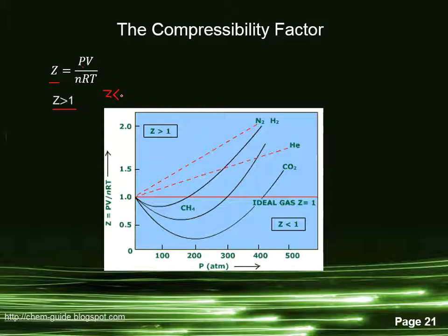As you can see in the graph, when Z is equal to 1, that is perfectly ideal gas behavior. When Z is higher than 1, repulsion starts to dominate, and when Z is less than 1, we say attraction dominates. The graph shows that all gases at low pressure behave ideally.